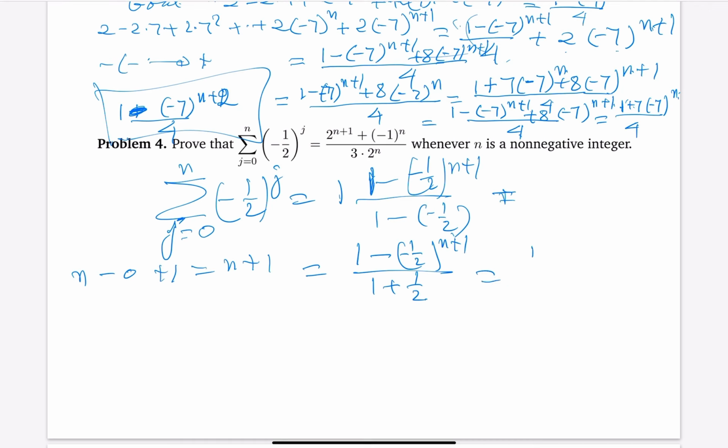And this one is just 1 minus (-1/2)^(n+1), divided by 3 halves.